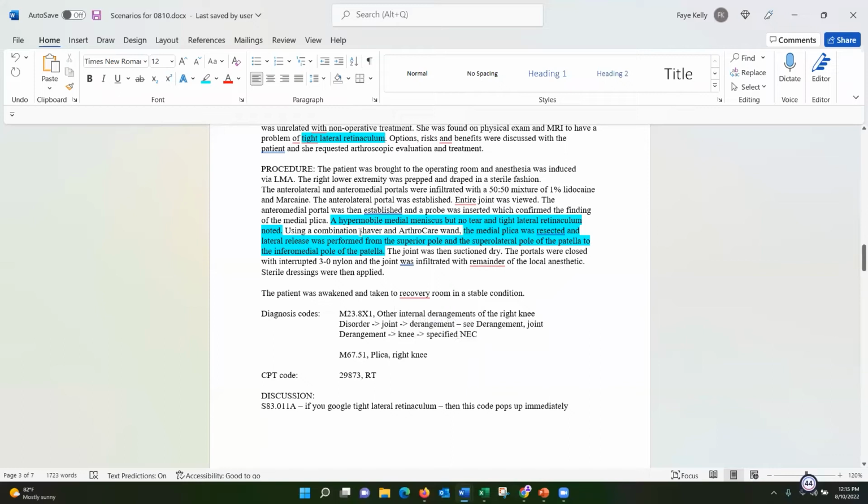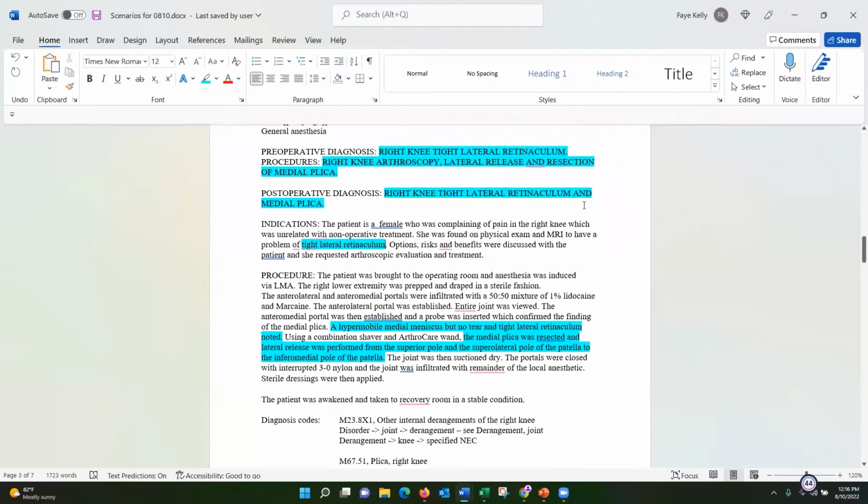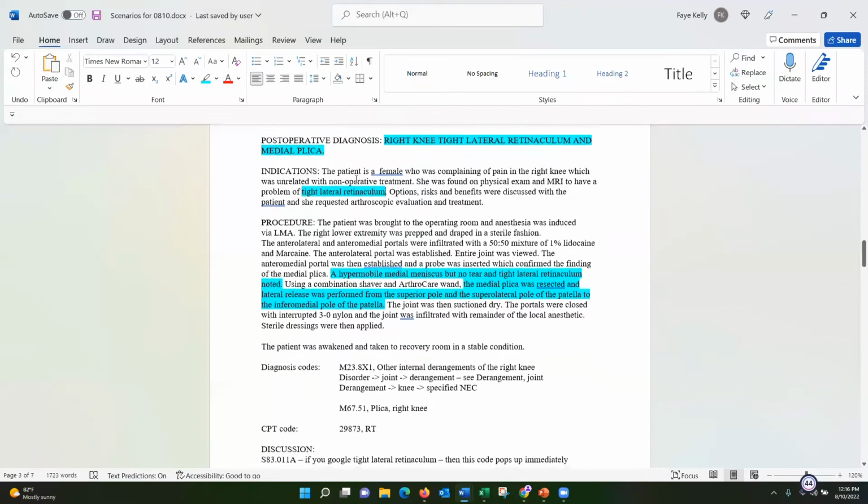Using a combination shaver and the ArthroCare wand, the medial plica was resected and the lateral release was performed from the superior pole and the superior-lateral pole of the patella to the infero-medial pole of the patella. So what we're getting from all of this is basically the release and the fact that they removed the plica.